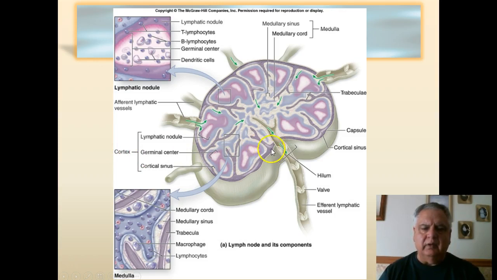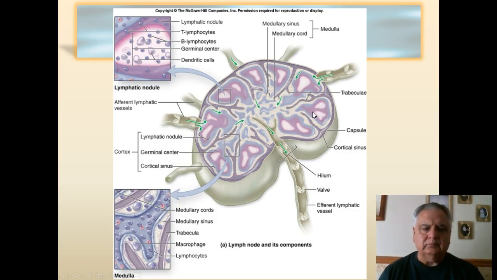Now we note that the capsule has extensions, these needle-like extensions that subdivide the cortex into compartments. And these compartments are known as lobules. We can count 1, 2, 3, 4, 5, 6, 7, 8, 9 different compartments that we can see here, separated from one another by the trabeculae, and these compartments are called lobules.